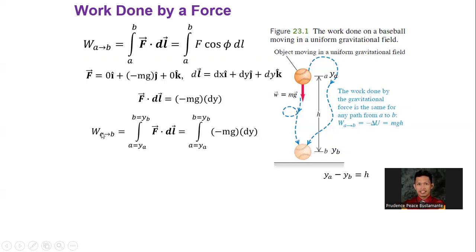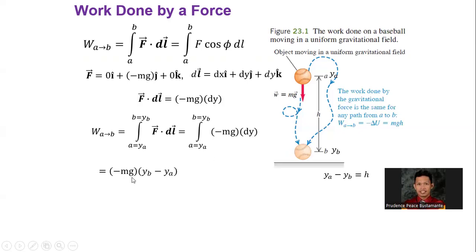So the work from A to B, where YA is the initial height and YB the final height, is the integral of this term here.